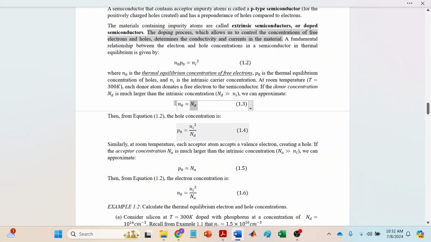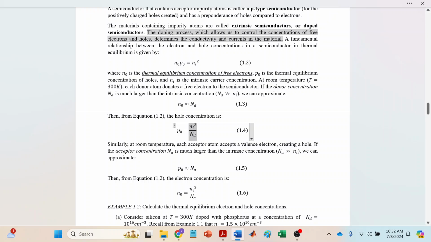So therefore, in place of N naught, we replace it with the donor concentration in this formula, and we get the hole concentration as this equation.